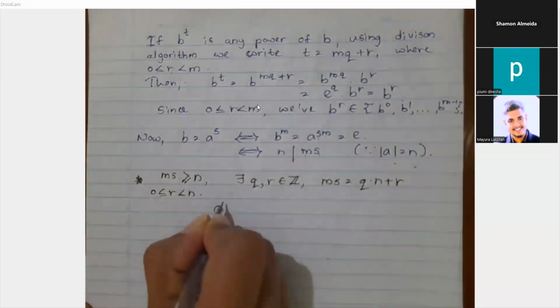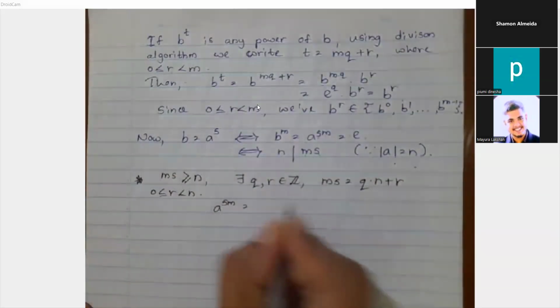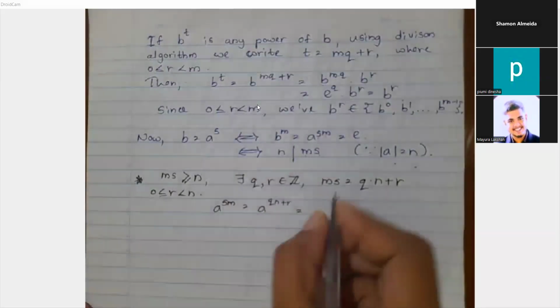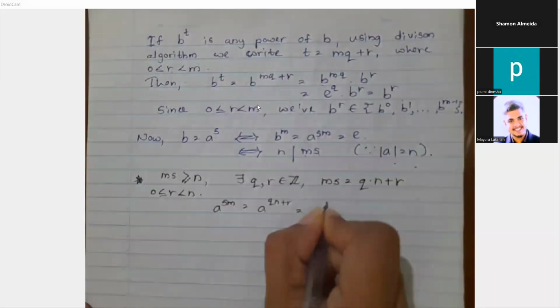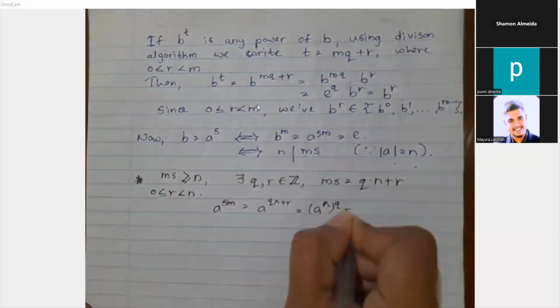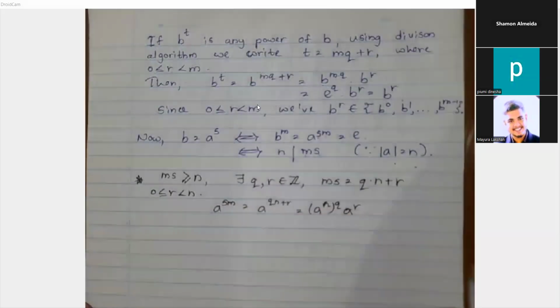Now, let's go back. A raised to the power of ms is simply a raised to the power of qn plus r, which you can write as a to the power of n, all to the power of q, times a to the power of r.